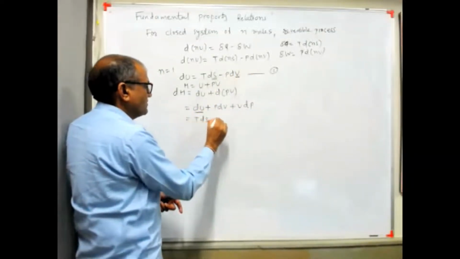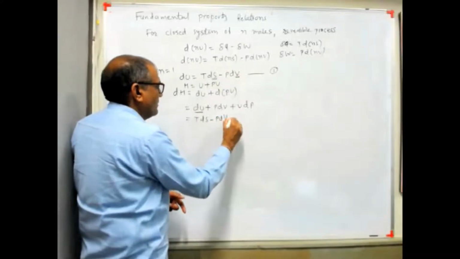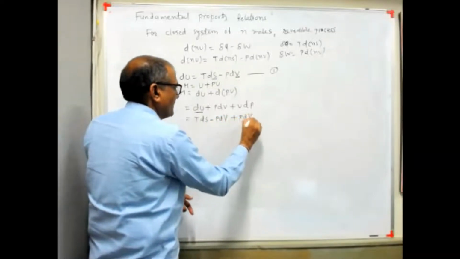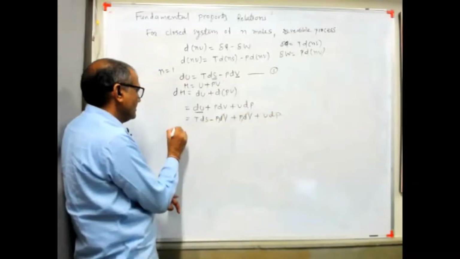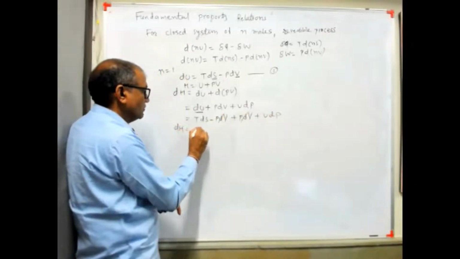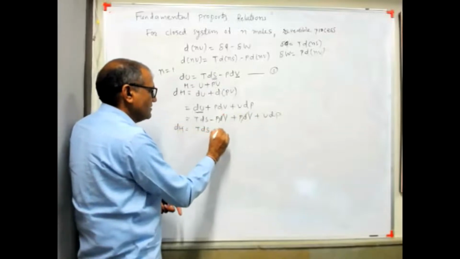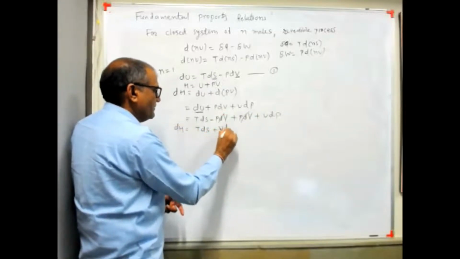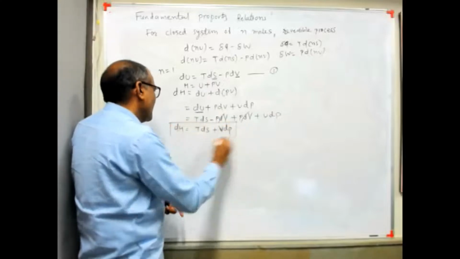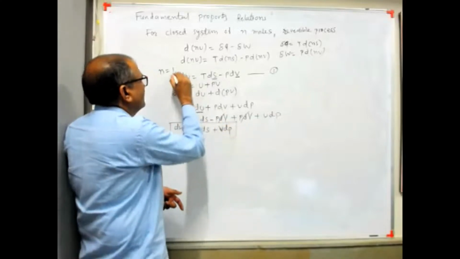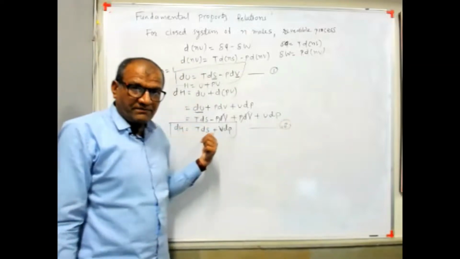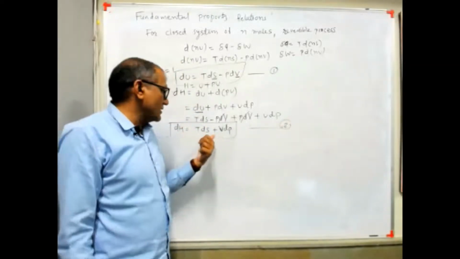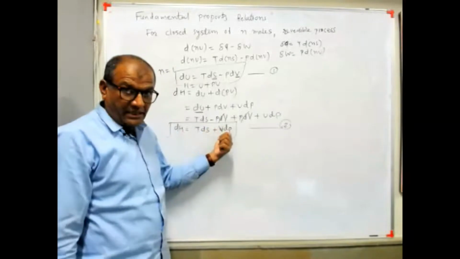It is T dS minus P dV plus P dV plus V dP. These two terms will cancel and dH equal to T dS plus V dP. This is the second fundamental property relation. So here enthalpy is a function of two canonical variables, S and P.